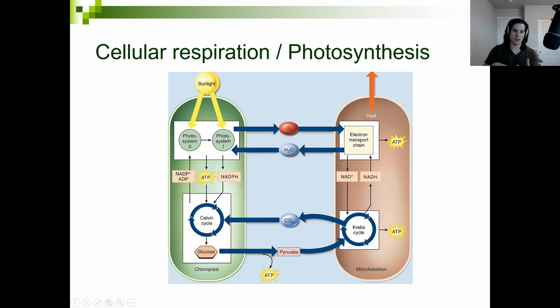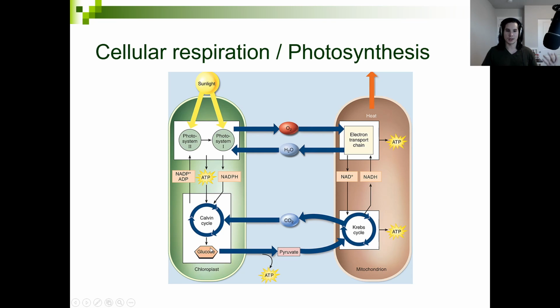In the process, you're making ATP and NADPH within your light reaction. So remember, you need sunlight, and you're making ATP and NADPH. You're also releasing oxygen, because remember, you're breaking down water to release oxygen. Then you feed that ATP and NADPH into the Calvin cycle. The Calvin cycle uses that energy and those electrons to make glucose, and it's also taking in CO2 in the process.